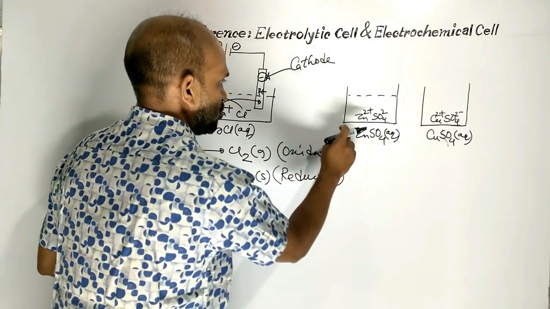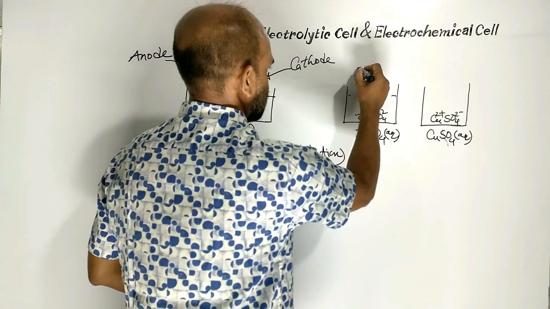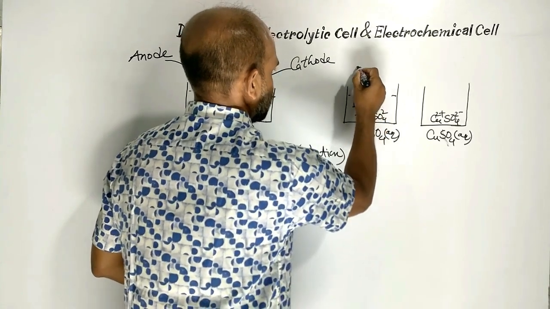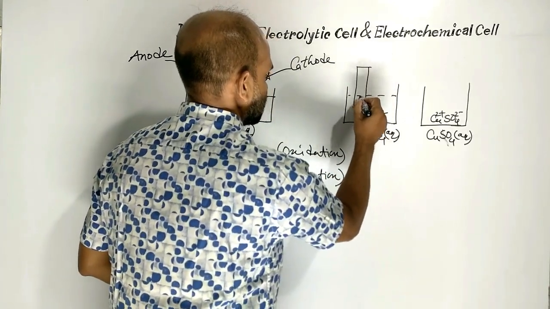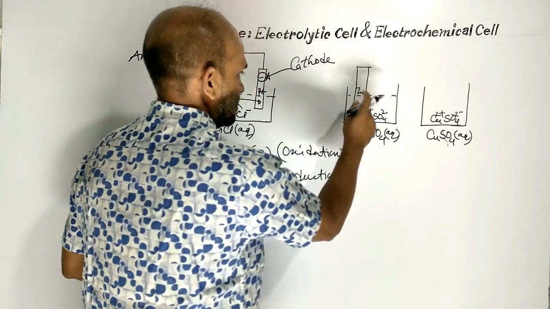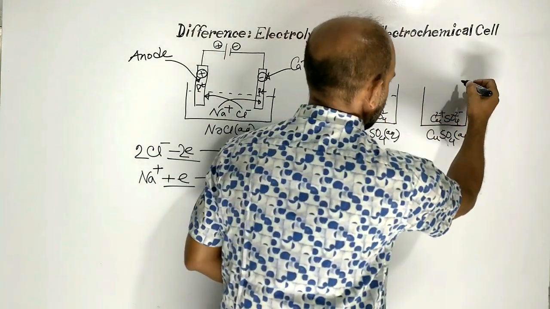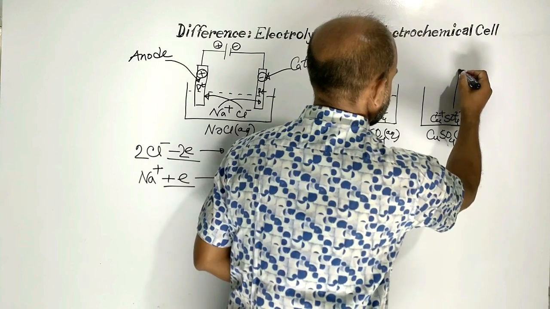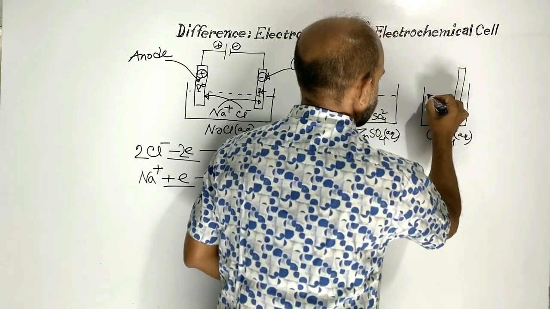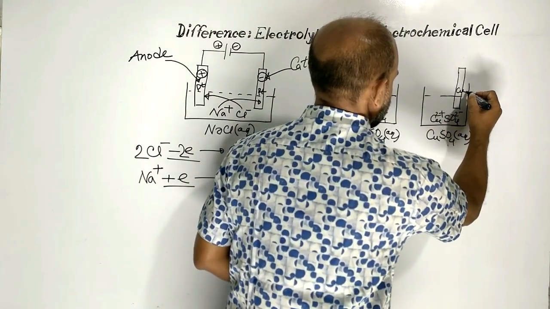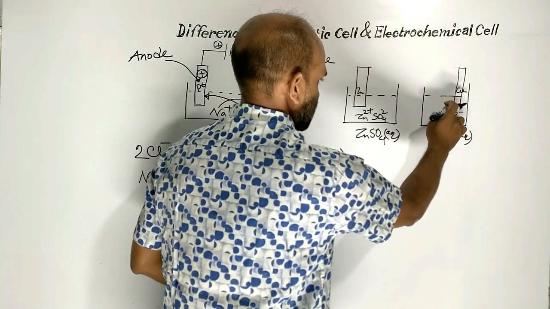In the solution of zinc sulfate, a metallic strip of zinc is submerged, and in the solution of copper sulfate, a metallic strip of copper is immersed.